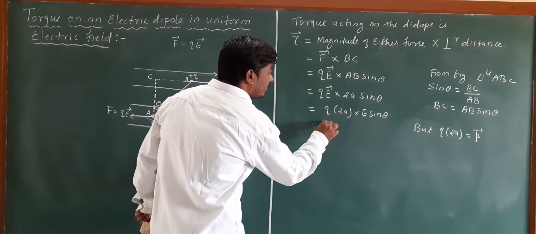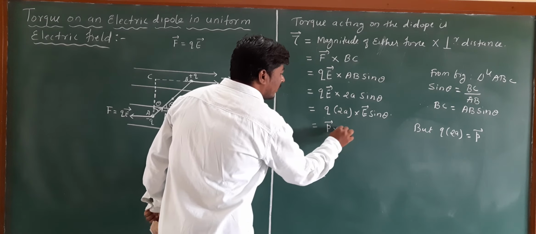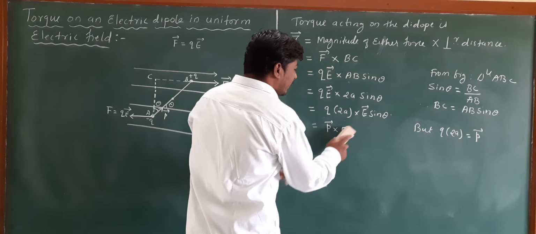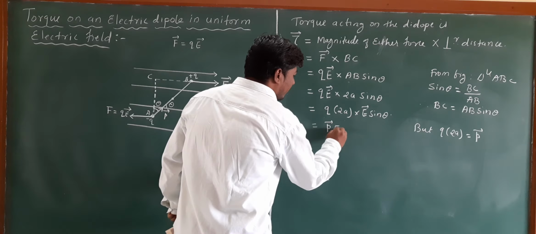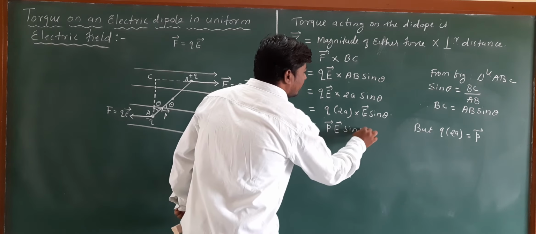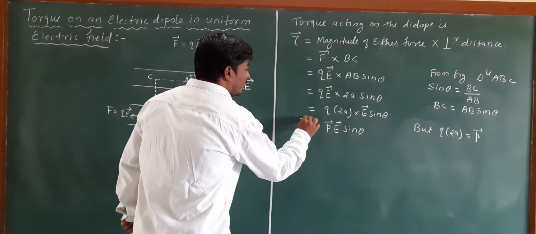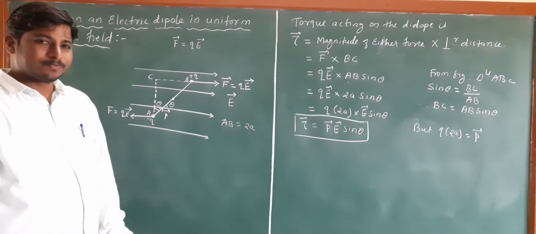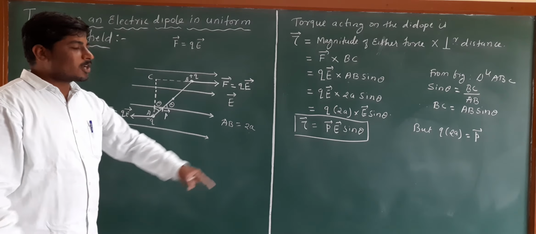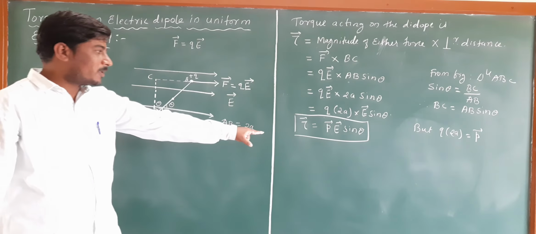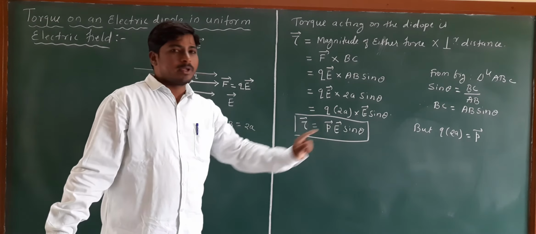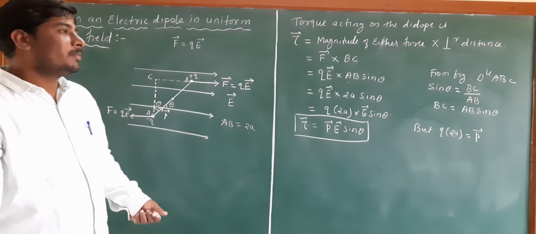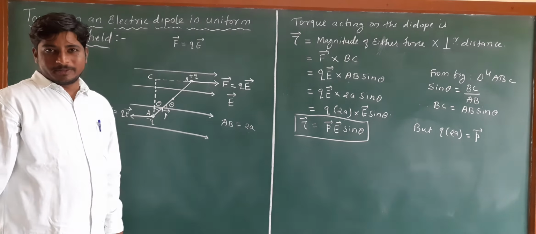So we have P into E sin theta. So tau is equal to PE sin theta. This is the expression for the torque. Tau is equal to PE sin theta, where P is the dipole moment, E is the electric field, and theta is the angle between E and P.